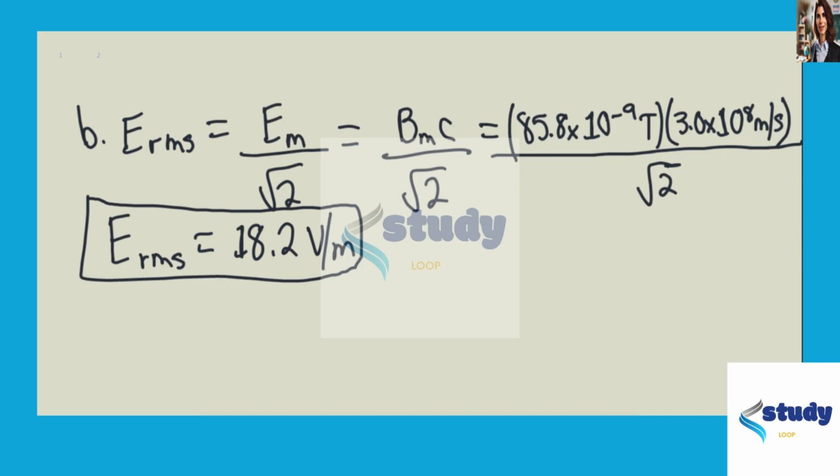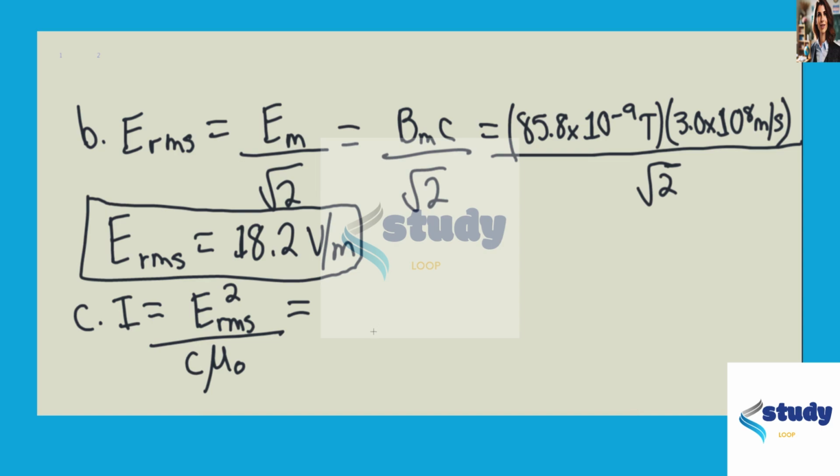And finally, for part C, we're trying to find the intensity of the wave. So the intensity would be equal to the root mean squared value of the electric field squared divided by the speed of light times the magnetic permeability in a vacuum.